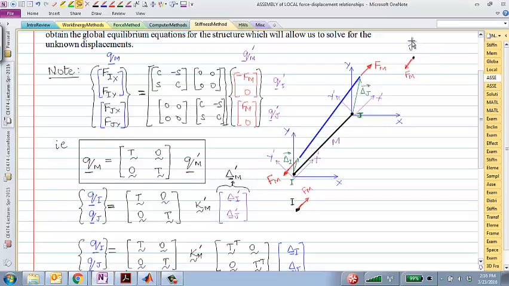Because I want to sum forces on the nodes, not on the elements. So if I have the forces Qi and Qj on the actual element, the forces on the corresponding nodes would be minus of that.